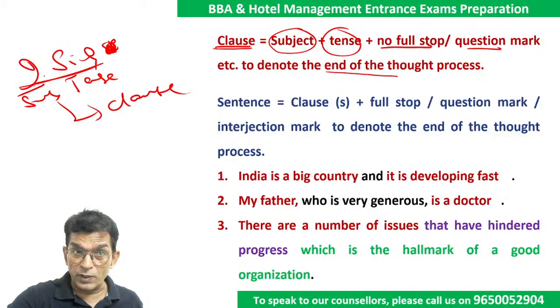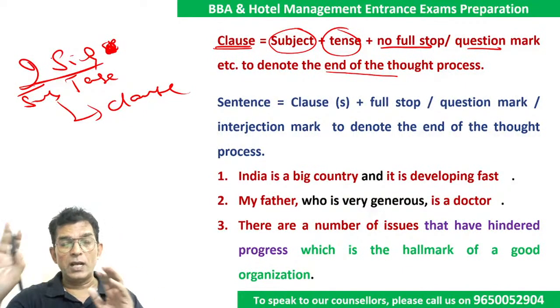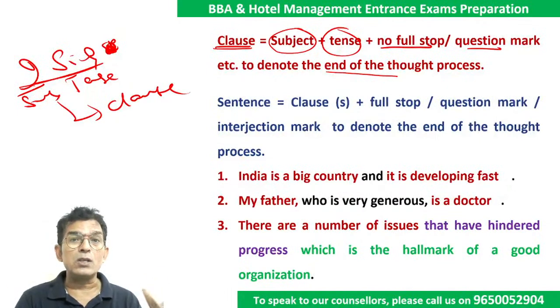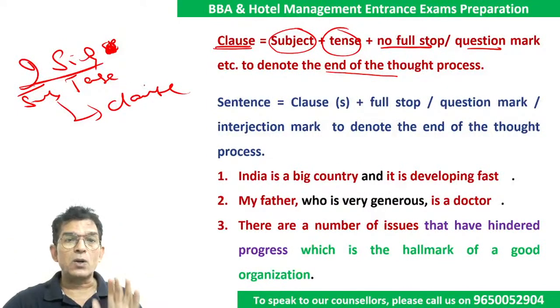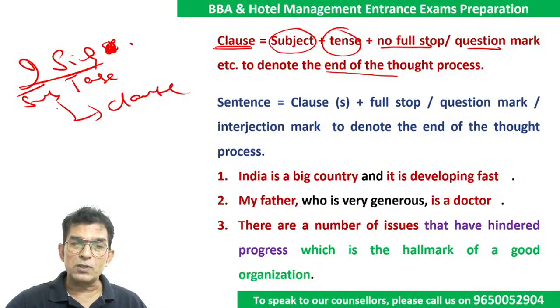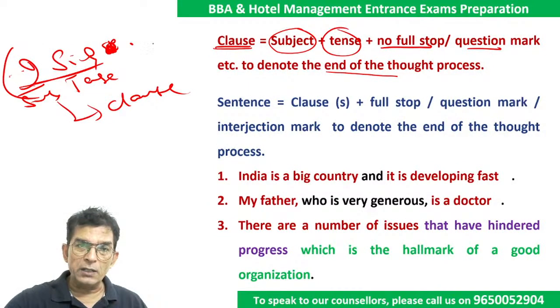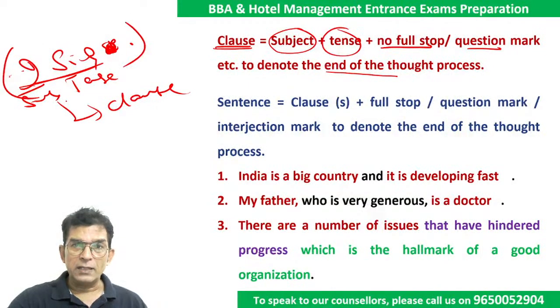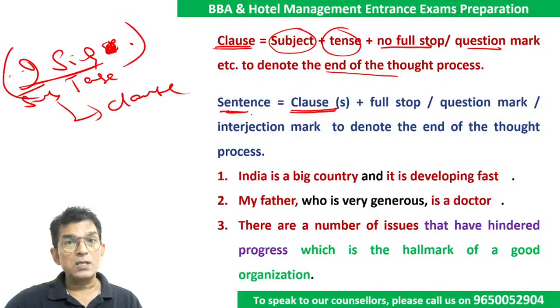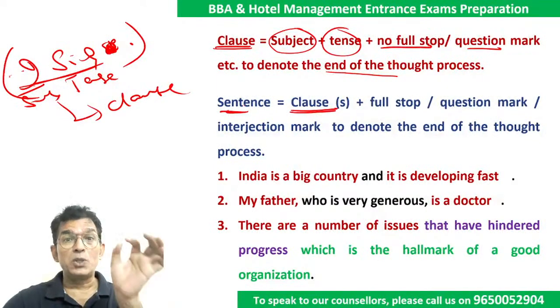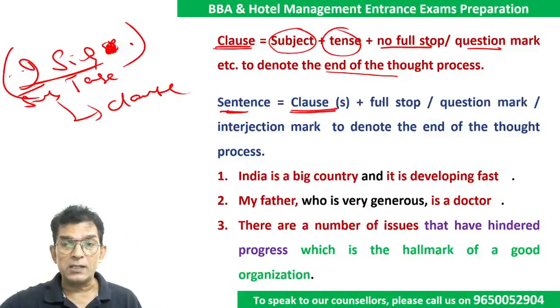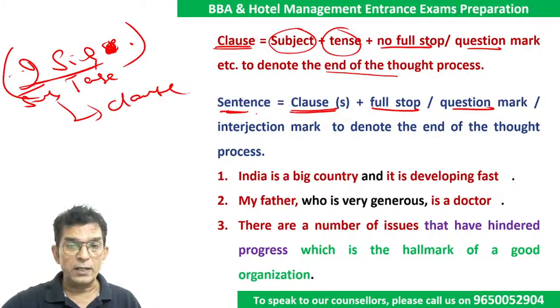So even when you see a sentence like this, when you see the I and the sing, you should call it a clause. You have the subject, you have the tense, it's a clause. But as soon as I put a full stop, the entire thing becomes a sentence, which means a sentence can have multiple clauses and a punctuation mark to end the thought process. That is, a full stop or a question mark or an interjection mark to denote the end of the thought process.